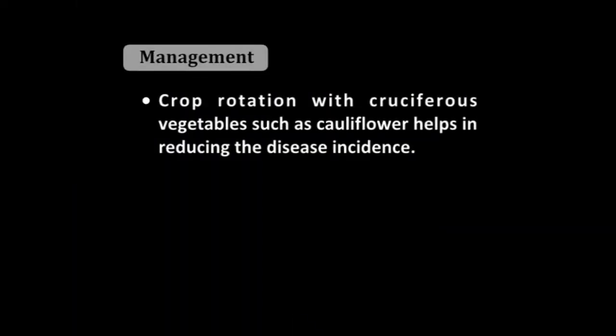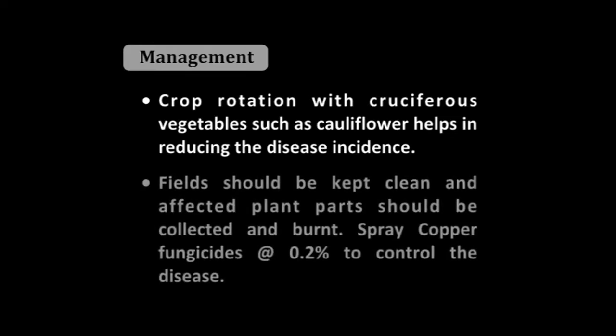Now coming to the management of the disease. Crop rotation with cruciferous vegetables such as cauliflower helps in reducing the disease incidence. Fields should be kept clean and affected plant parts should be collected and burnt.